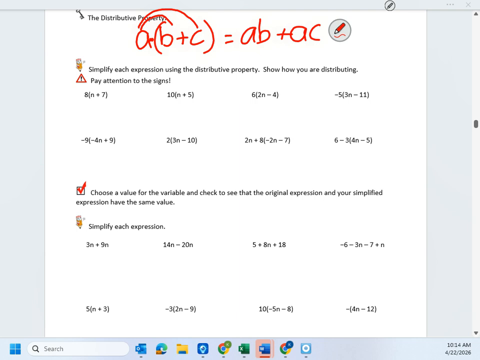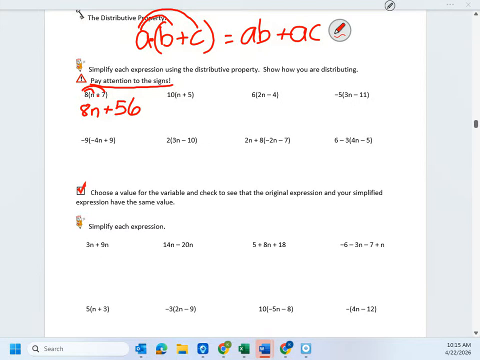Okay. So if we look down here, we want to make sure we pay attention to those signs. When we have a minus, when we have negatives, we have to pay attention to those. So here, we're going to multiply that 8 through. 8 times n. We know there's a 1 in front of that n. 8 times 1 is 8, plus 8 times 7 is 56.